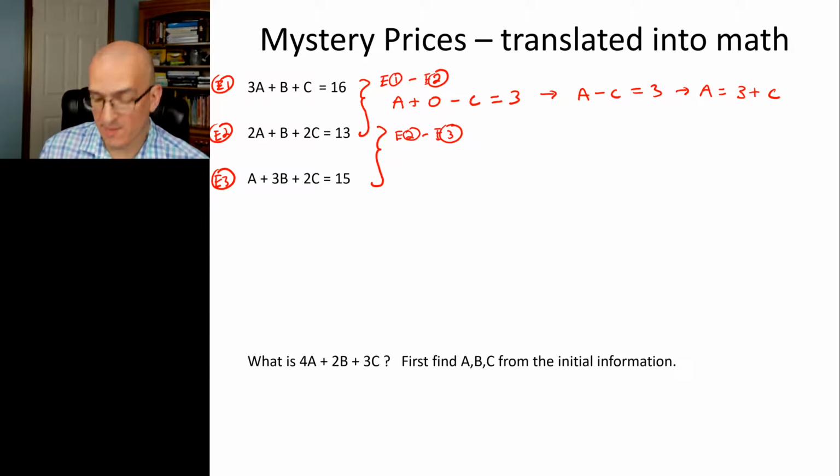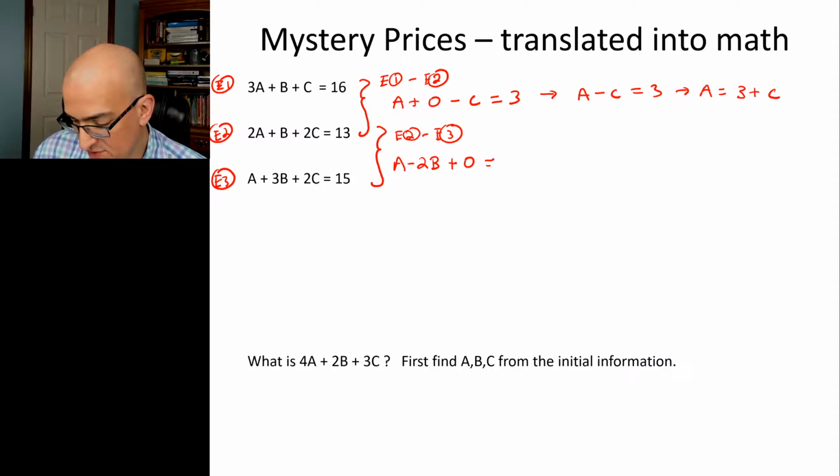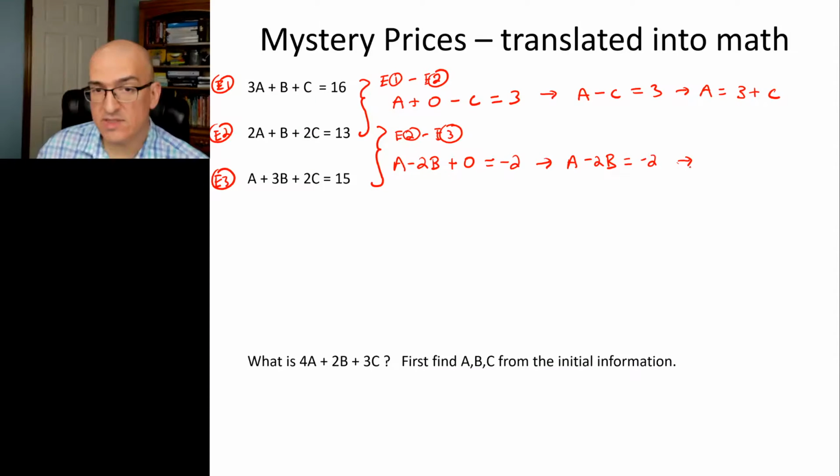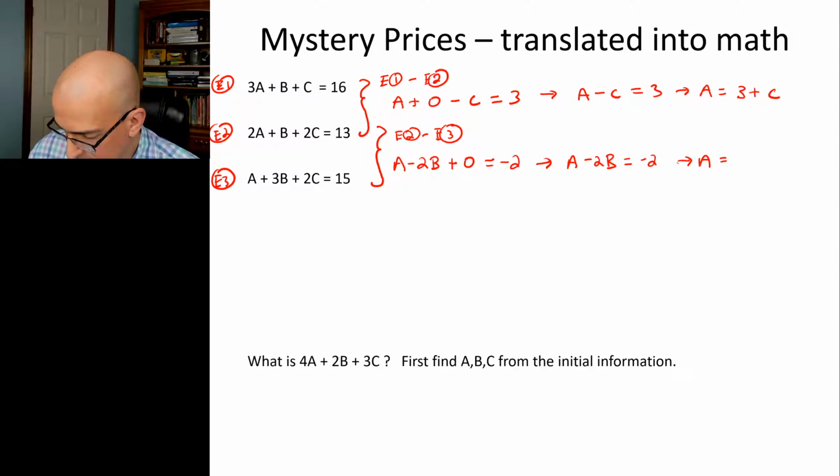So I have 2A minus A, which is A, B minus 3B, which is minus 2B, 2C minus 2C, which is 0, and 13 minus 15, which is negative 2. So this tells me that A minus 2B is equal to negative 2. And then I can isolate for A. A is equal to negative 2 plus 2B.